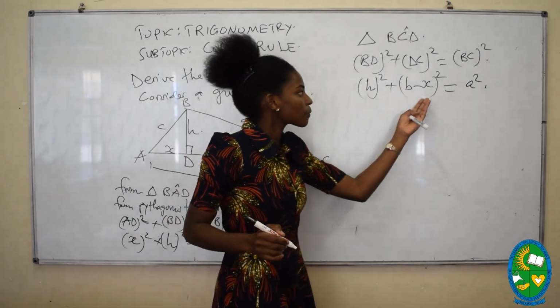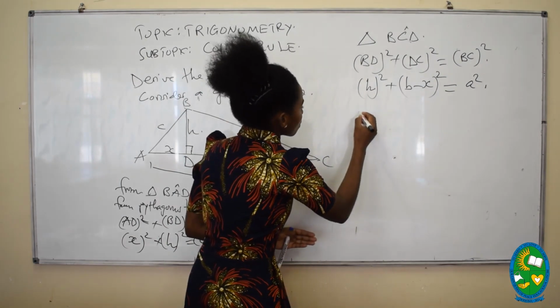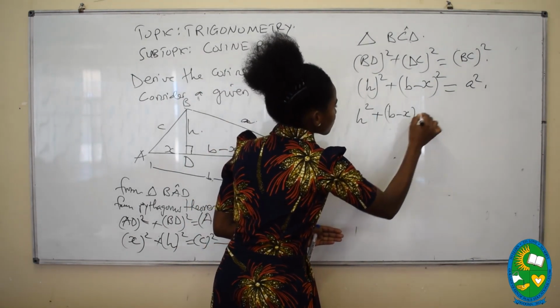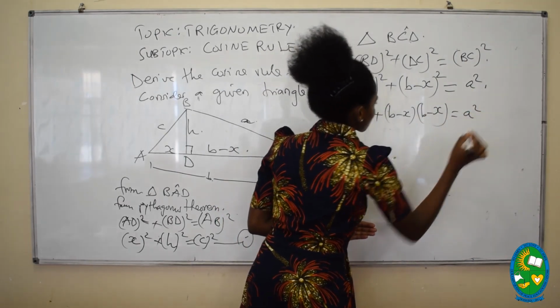So here we have (b minus x) square, and we must expand it. We have h square plus (b minus x)(b minus x) equals a square.